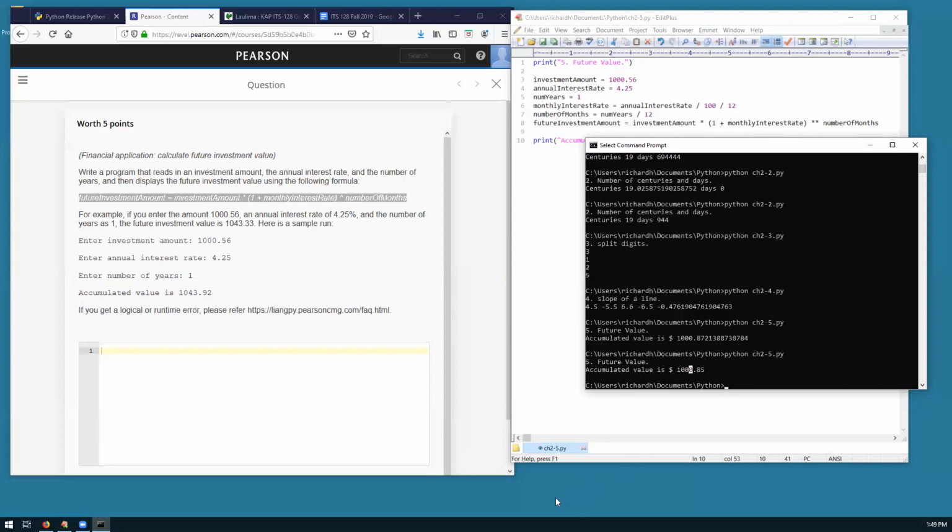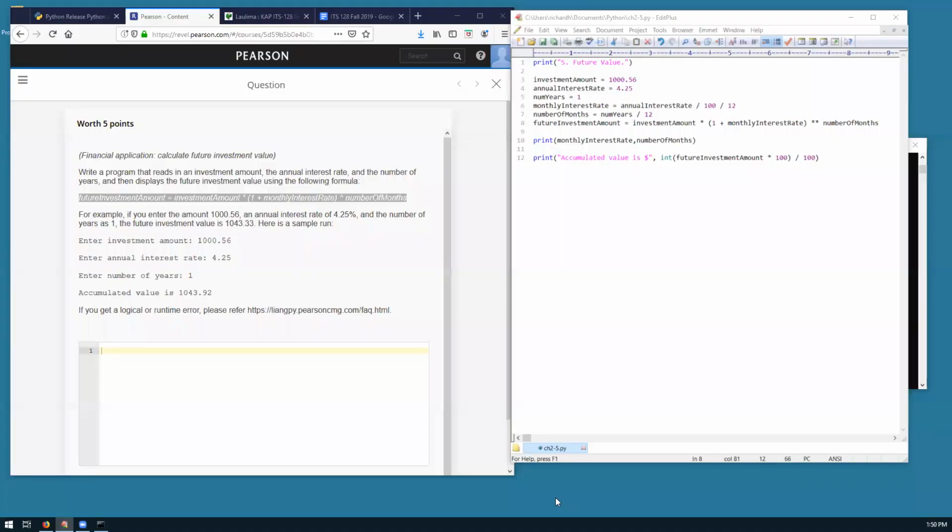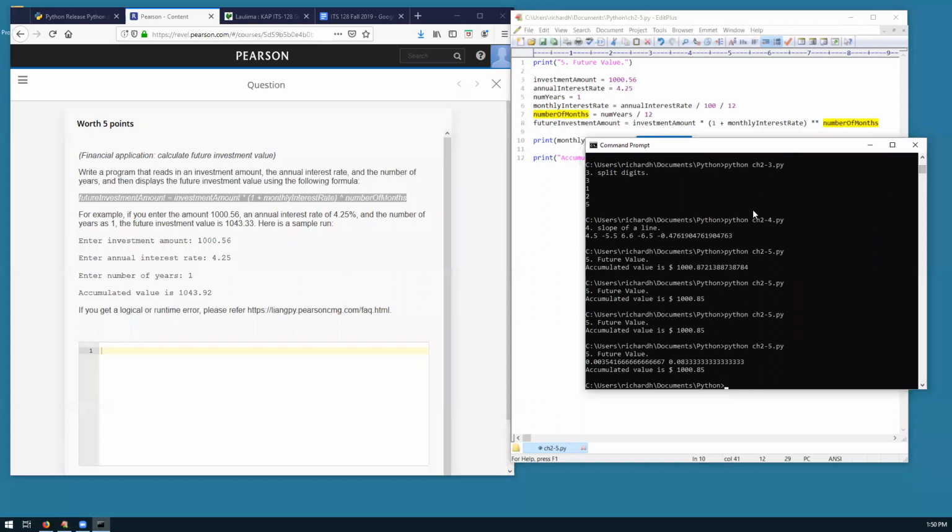Let me pause this. All right, we're back. So what I did to figure out what my problem was, and many of you probably saw it right away, is I decided to print out the monthly interest rate and the number of months. The monthly interest rate looks fine, but the number of months looks like that.